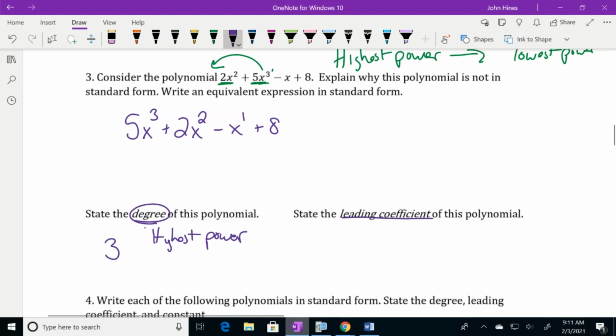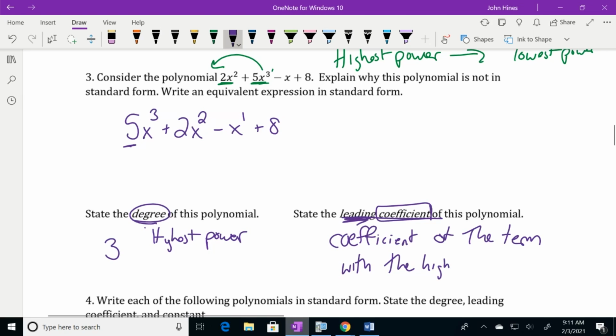The leading coefficient. Well, we've heard the word coefficient before, but what makes it leading? Well, it's the coefficient of the term with the highest power. That's what makes it leading.